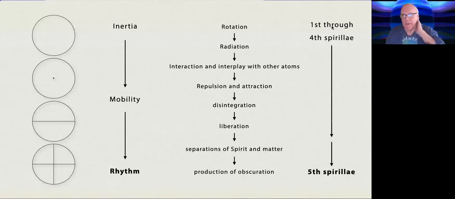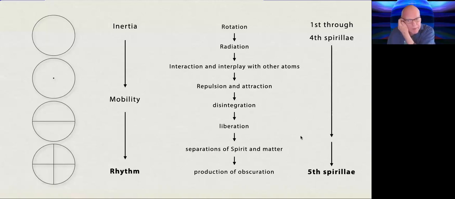And then the unfolding or the stimulation and activation of the spirale. He doesn't talk much about the first through fourth spirale in terms of how they relate to these different phases, but we can assume that the activation of the first spirale is connected with this inertial stage, and that the fourth is in the later stages of mobility. Just where the second and third come in, we don't know.